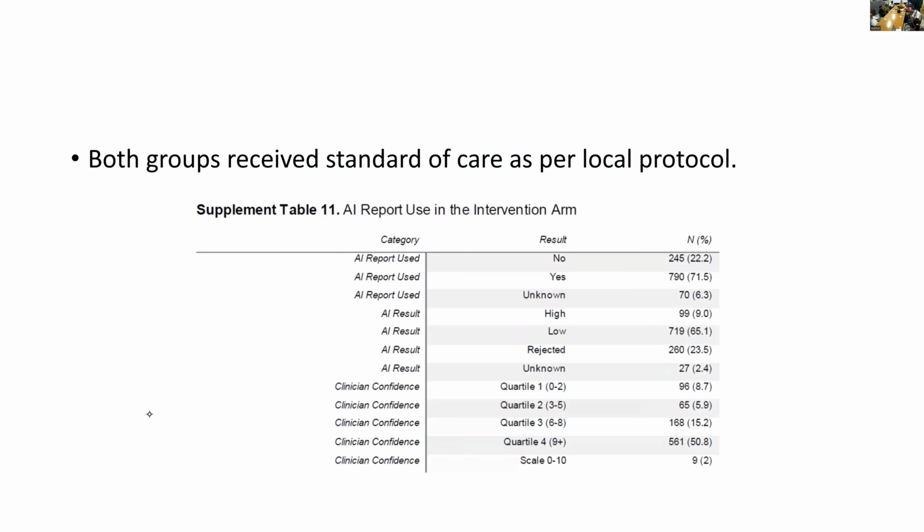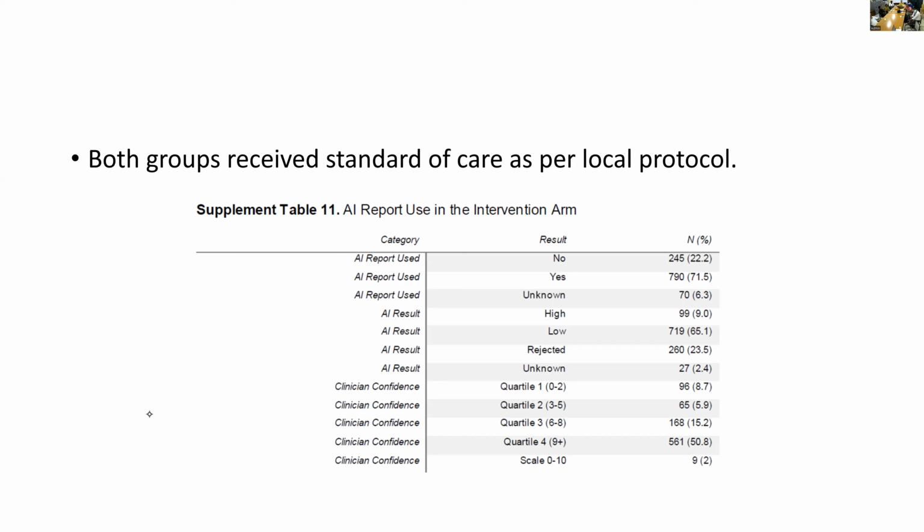Yes. The AI does not affect the decision making directly. It only gives the physician the information that the AI report is this. So even in that table, I will come to the table again. If the patient was referred, regardless of what the AI said, this study is not looking at the AI's accuracy in predicting heart disease or no heart disease.